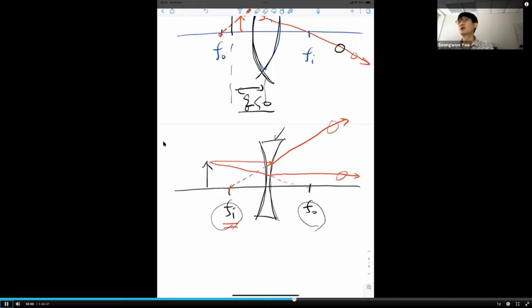In other words, we should introduce virtual rays. I'm going to introduce virtual rays by extending those two refracted rays. Then they meet at this point. Therefore, my image will form in front of the lens, and my Q is a negative value because this is the virtual image.